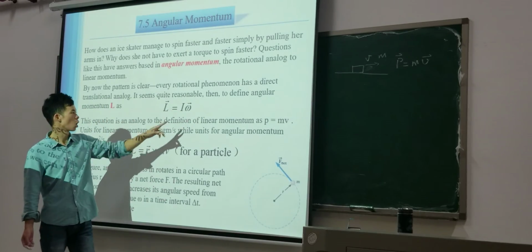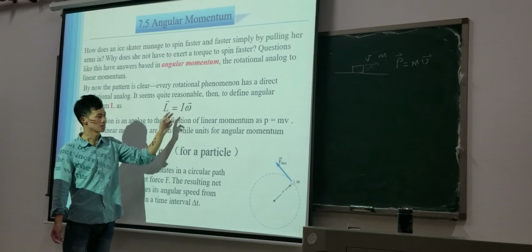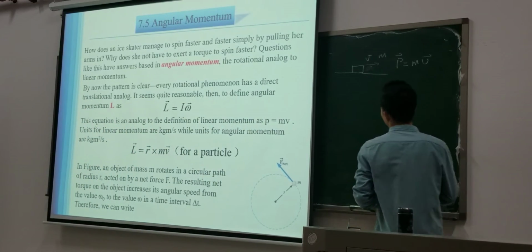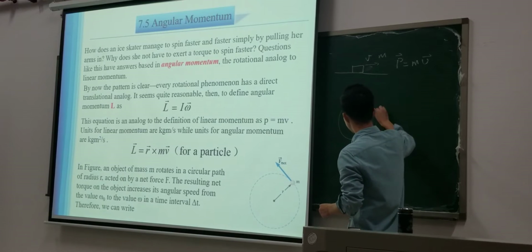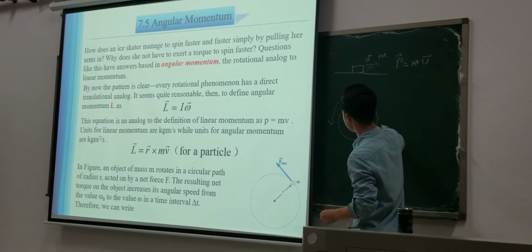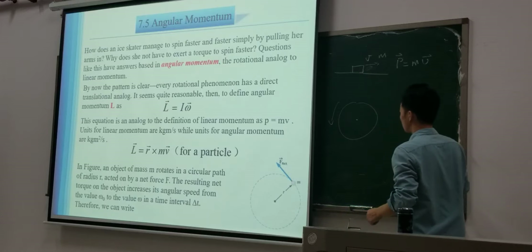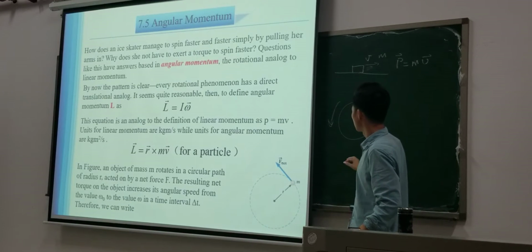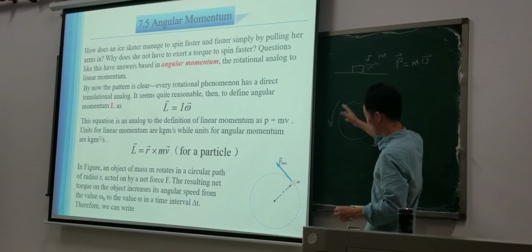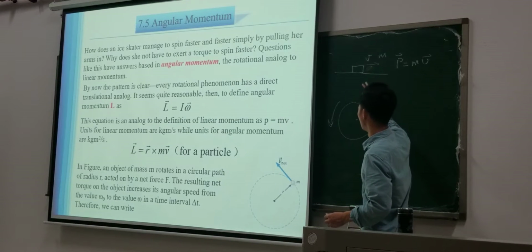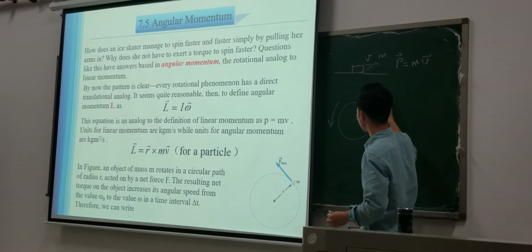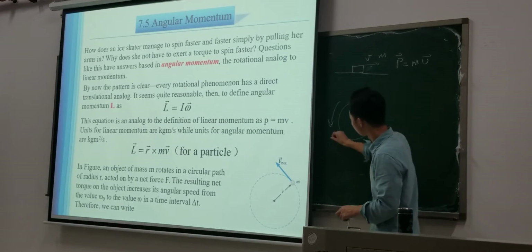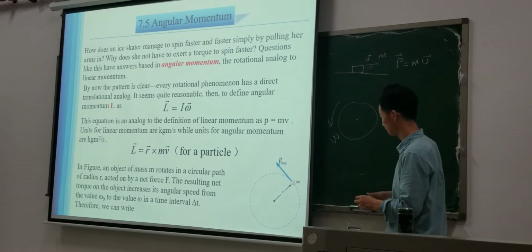The angular speed omega is also a vector. For example, this is the center. The disk is lying on the blackboard and rotating in the plane of the blackboard. So then the omega is in this direction.